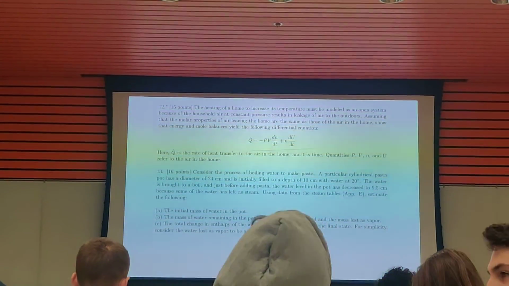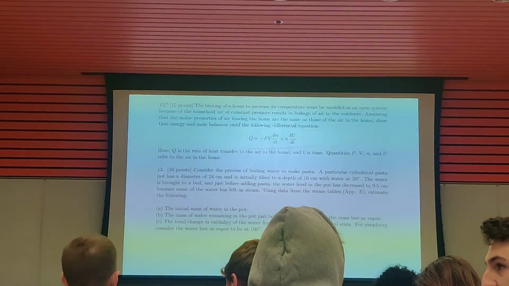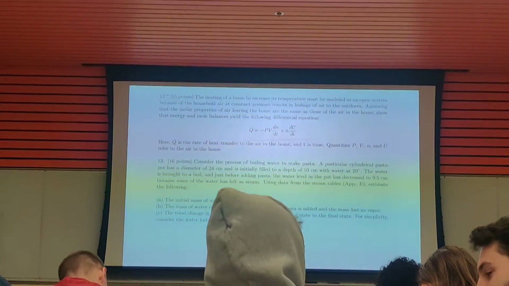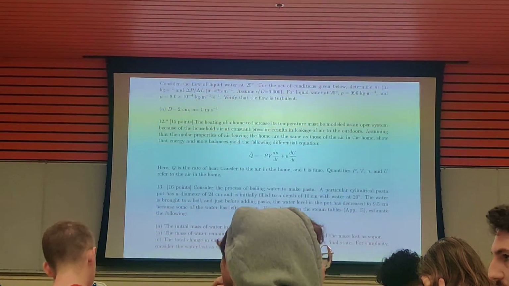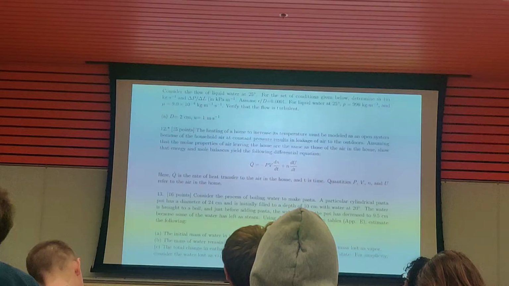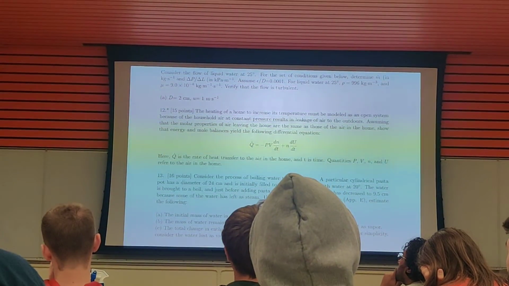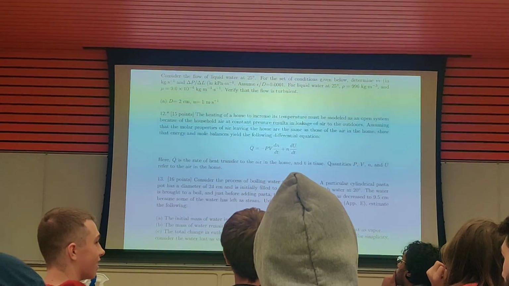It's assumed. It's a house. That doesn't mean a steady state. If you turn on the furnace, it's not a steady state anymore. You have heat going into the system, and heat leaving the system. So the change in energy is not going to be zero.